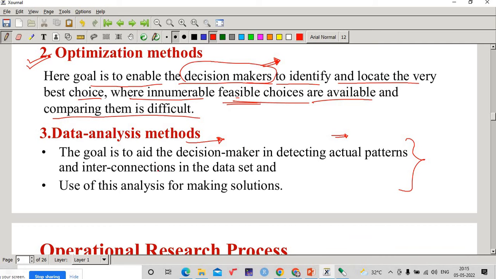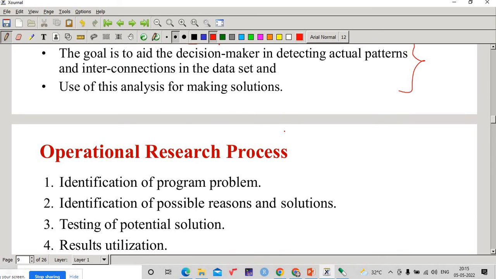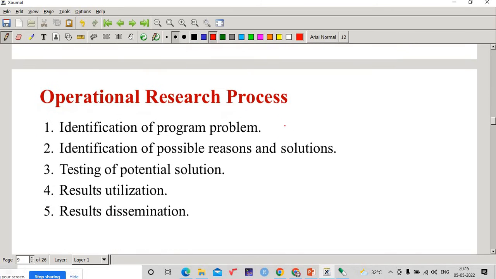So use of this kind of analysis will definitely lead to proper decision making. Obviously it may not be 100% sure, and whenever we talk about probability, there comes randomness. So though we are doing the analysis and predicting something, it has fair chances to happen and not to happen. So that part is always there.